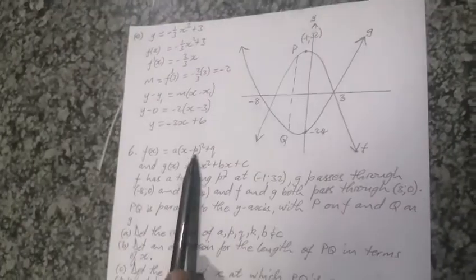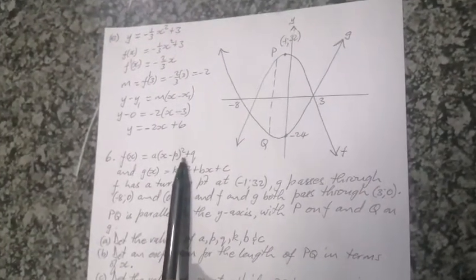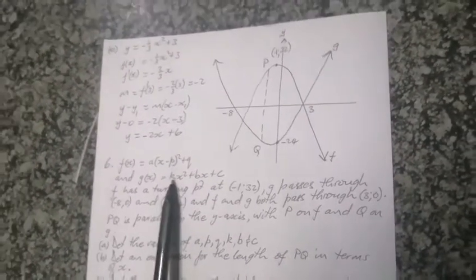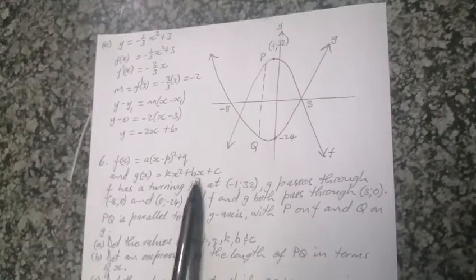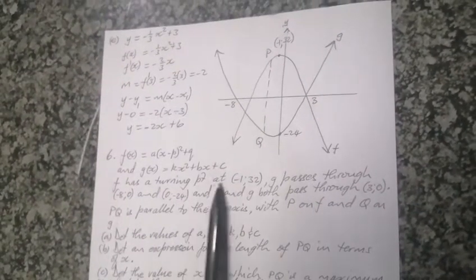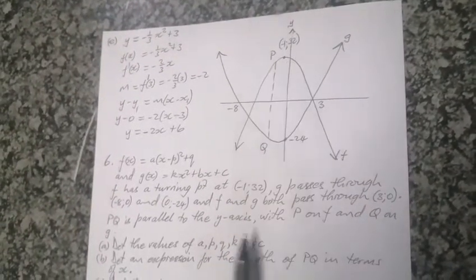So the question reads, f of x is equal to a(x minus p) squared plus q, and g of x is defined by kx squared plus bx plus c. F has a turning point at minus 1, 32, which we can see there.